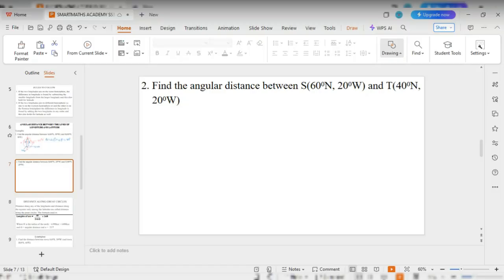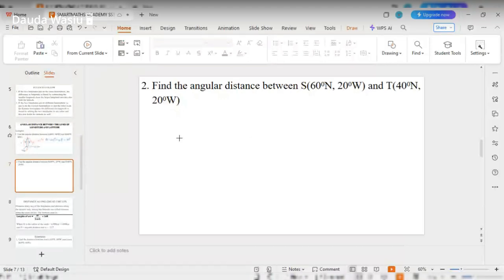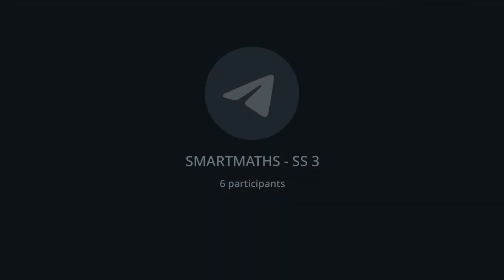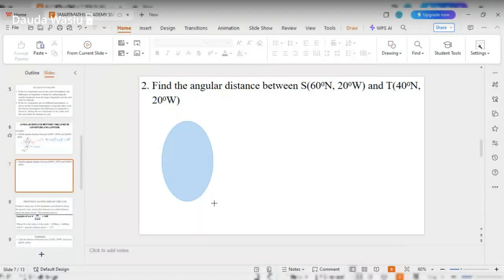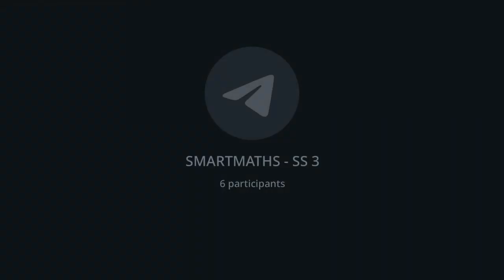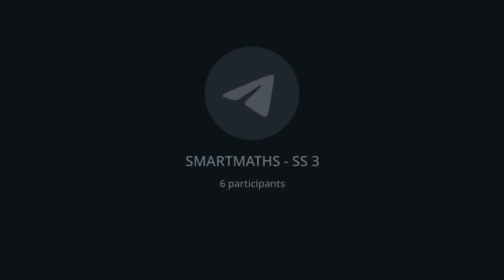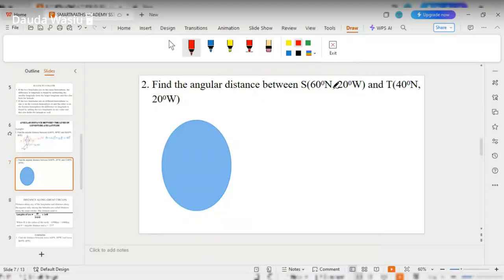So I'll pick circle. So let me draw the circle. So here is the circle. I pray it does not scatter this time around. Then we now draw. So let me go to draw. Then we have this. So find the angular difference between point S of 60 degrees north, that is the latitude, and 20 degrees west, longitude, and T of latitude 40 degrees north.